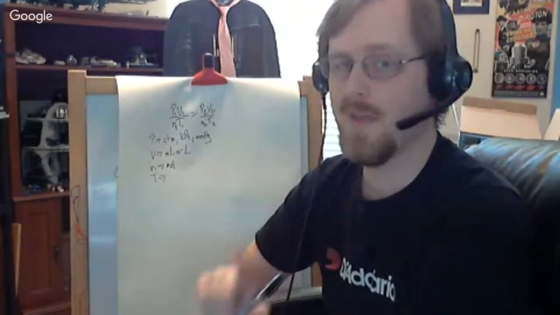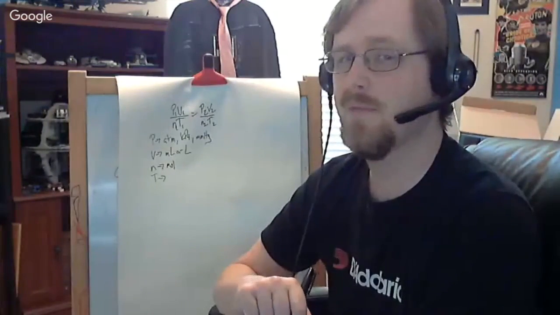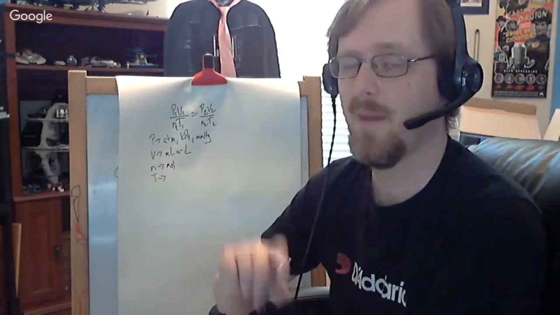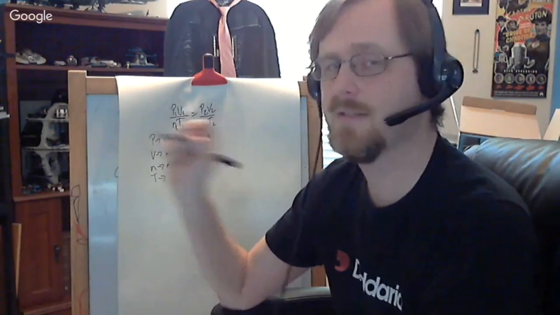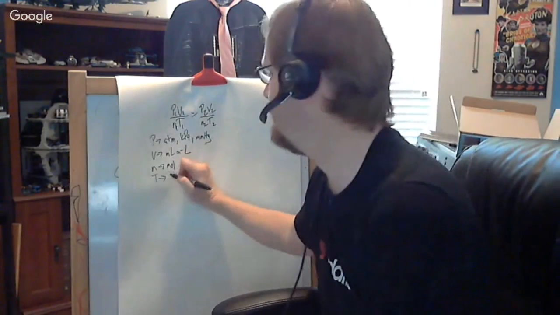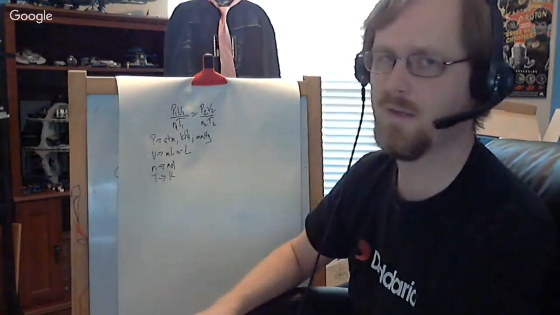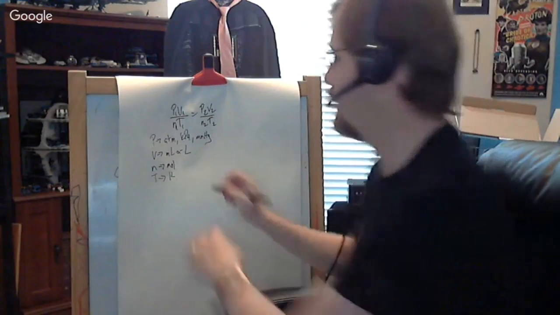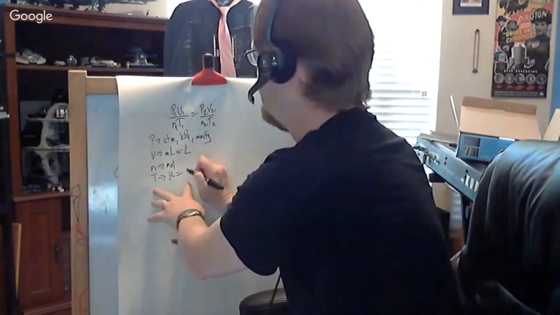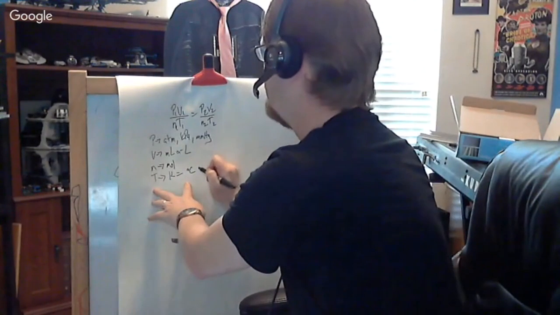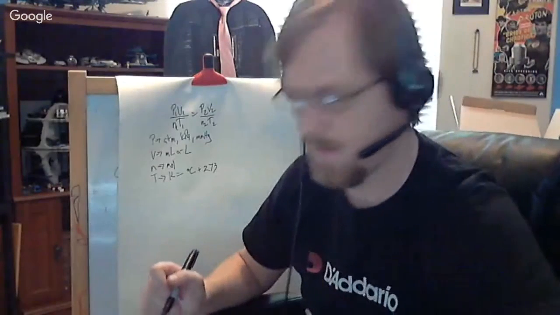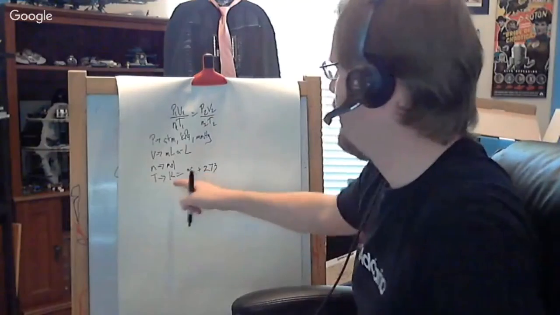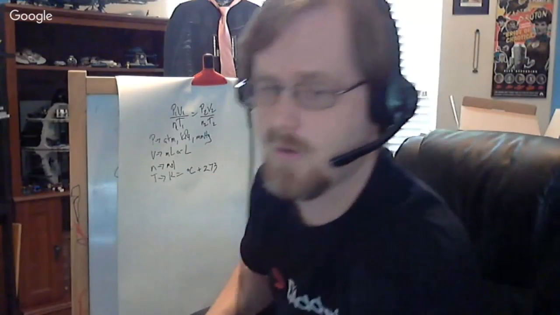Now, temperature. Yes, the question could technically give you degrees Celsius, but we do not calculate this stuff in Celsius. It must be in Kelvin. And if you remember, Kelvin equals degrees Celsius plus 273.